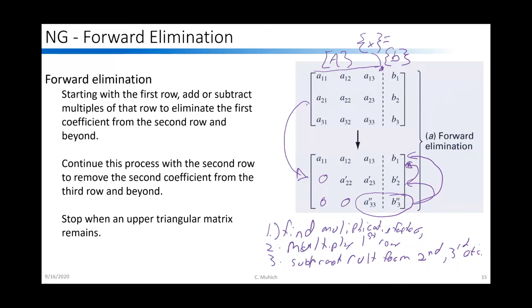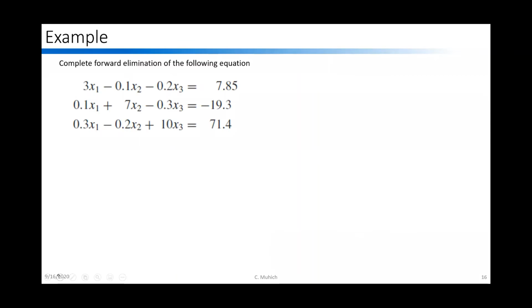So let's take an example shown here. Once again, I've got three equations with 3 unknowns. The first thing we want to do is convert this set of 3 equations into matrix form. So let's do that right now. I'm going to take all those first coefficients: 3, negative 0.1, negative 0.2.